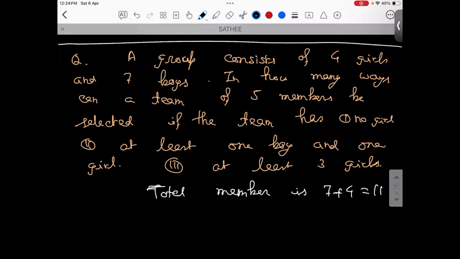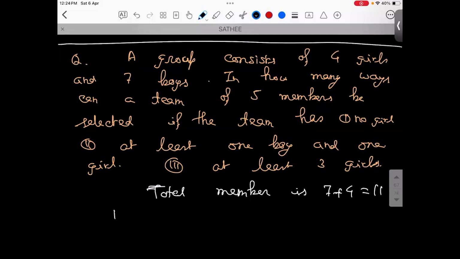So there is not that much need to worry about. But in case of this example, they have put a first case that no girl. The number of girls is 0. So you have no access to the 4 girls. So you can only choose 5 members among 7 boys.